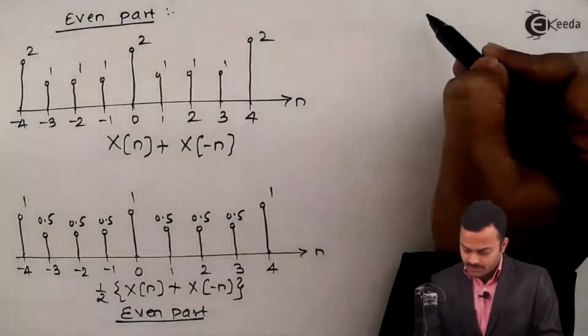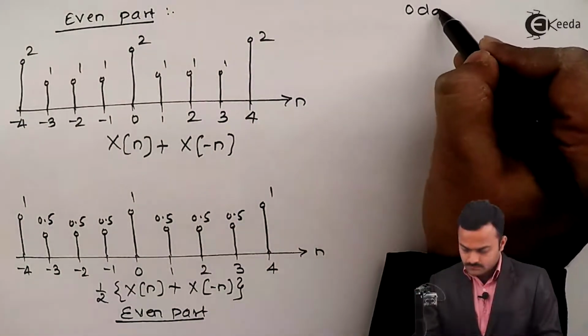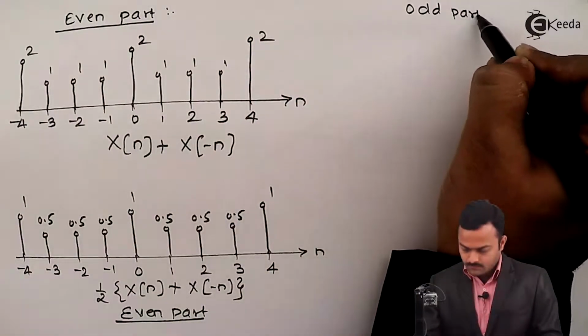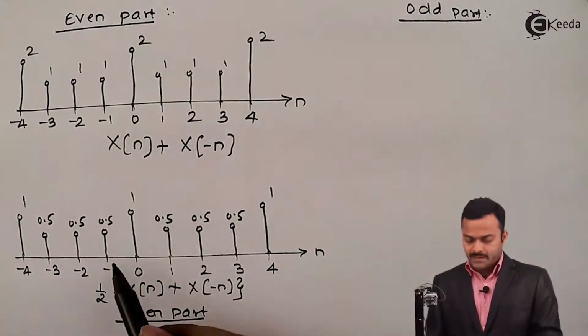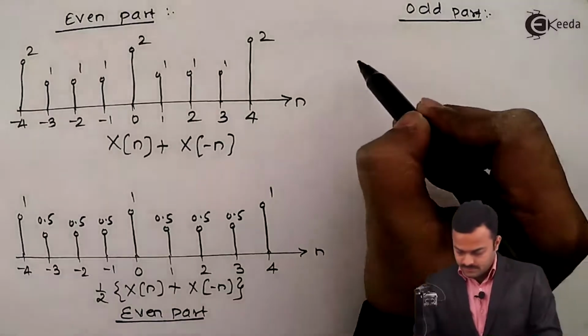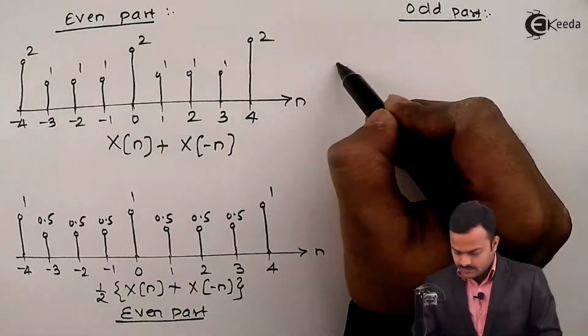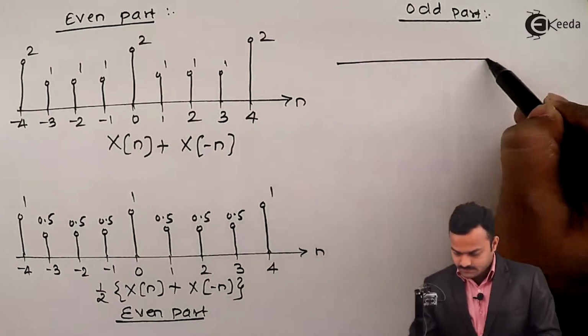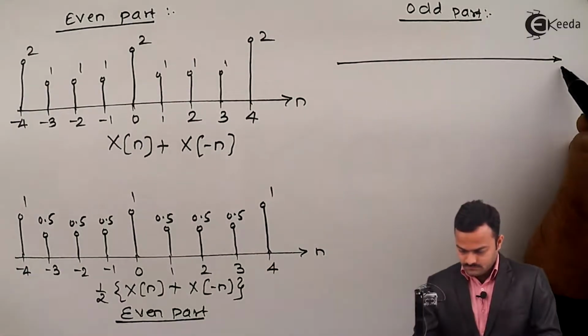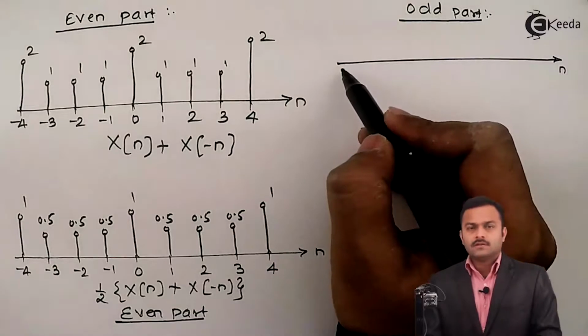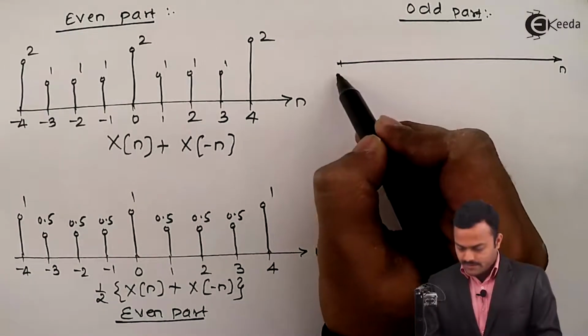Similarly, we can obtain the odd part. We need to subtract the signals for that, and we'll get the resultant signal as follows. Here also the span will be from -4 to 4.